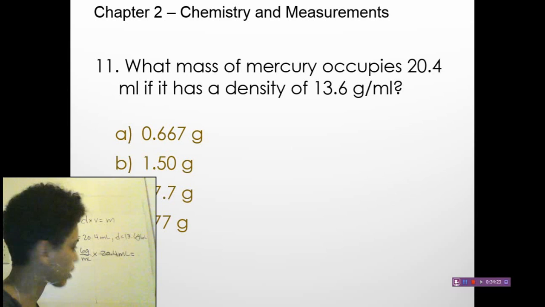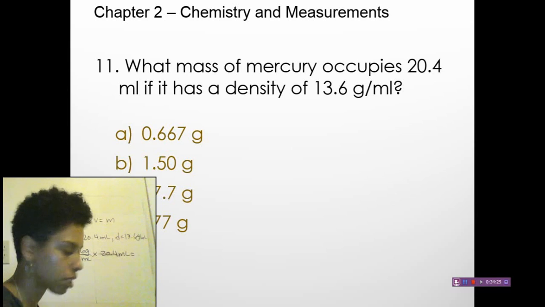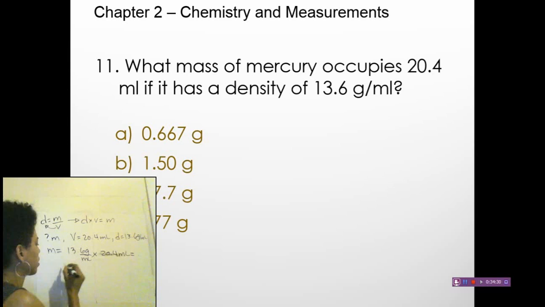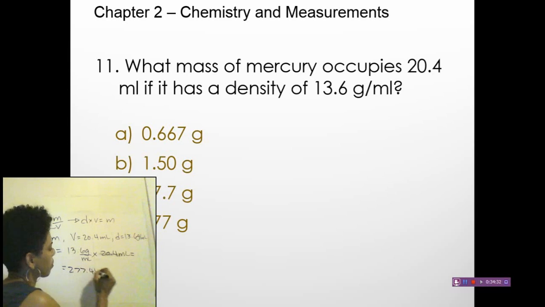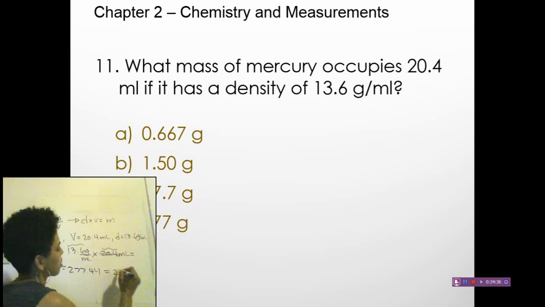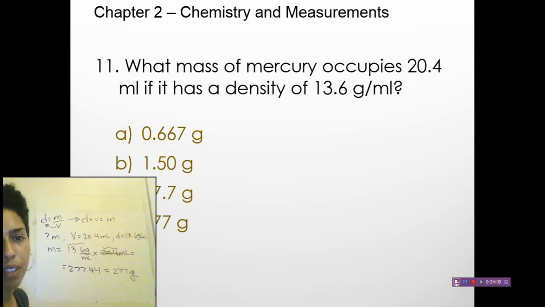It's going to give us 13.6 times 20.4, 277.44, but we have 3 sig figs, so 277 grams.